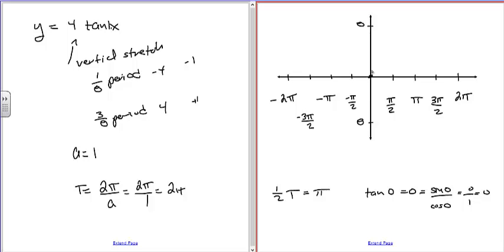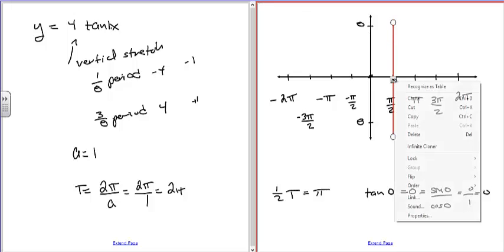If we go from negative pi over 2 to positive pi over 2, we'll have the correct distance to draw the vertical asymptotes. Once you've got 2 in, the rest of them are the same. You just keep doing it.